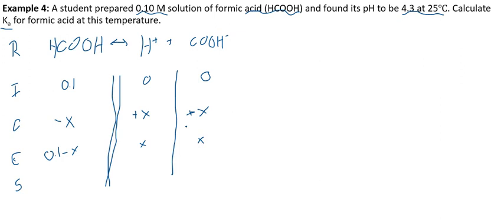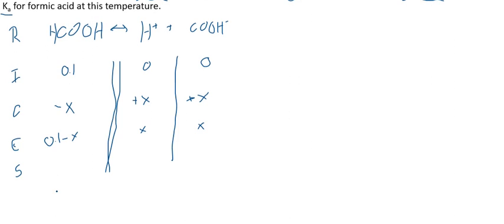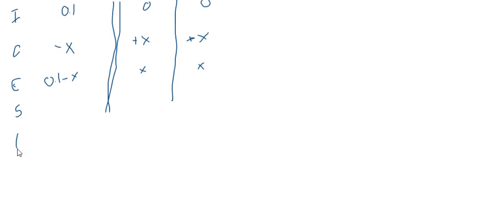Well, now that I have these terms, the question is now what? Because typically I've been relating them through the Ka expression and the Ka value, which I've had, I don't have that anymore. So let's start by writing our Ka expression.